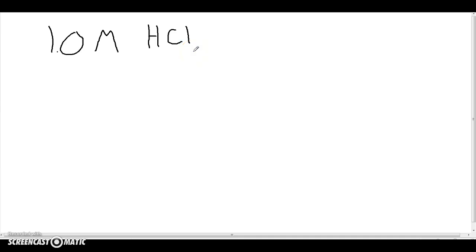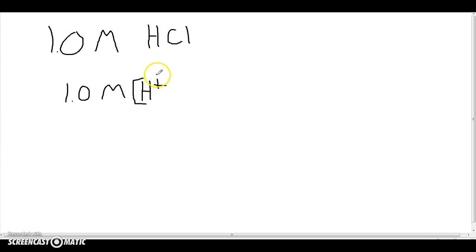Hydrochloric acid, as you may remember, is a strong acid. And since it's a strong acid, that means how much hydrogen ion are we going to be producing? If we've got 1 molar hydrochloric acid, we're going to be producing 1 molar hydrogen ions. So that's our concentration of hydrogen ion.